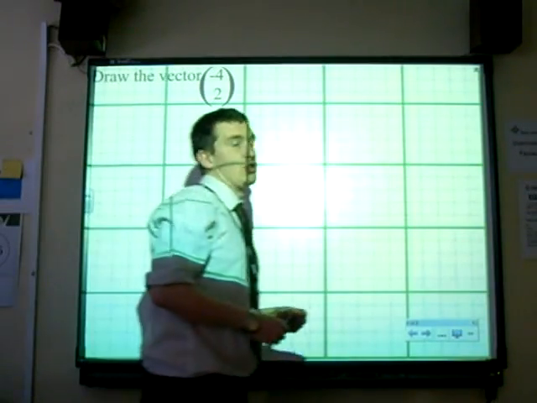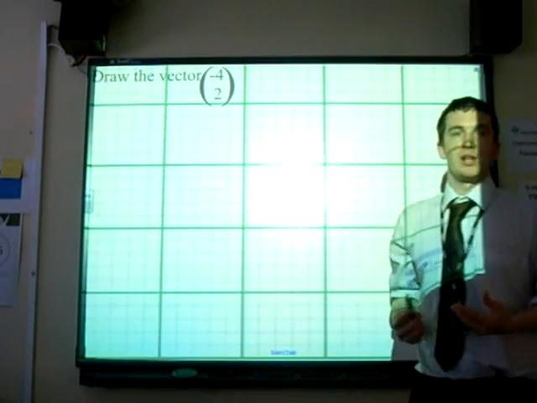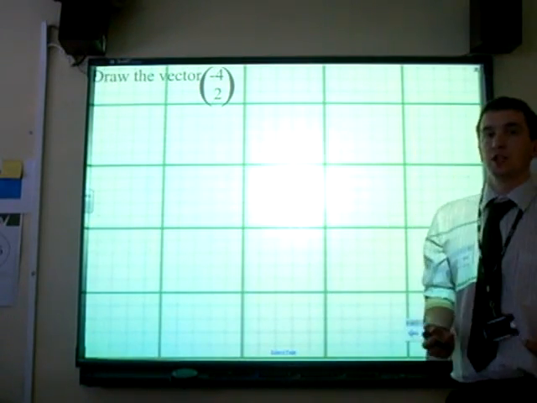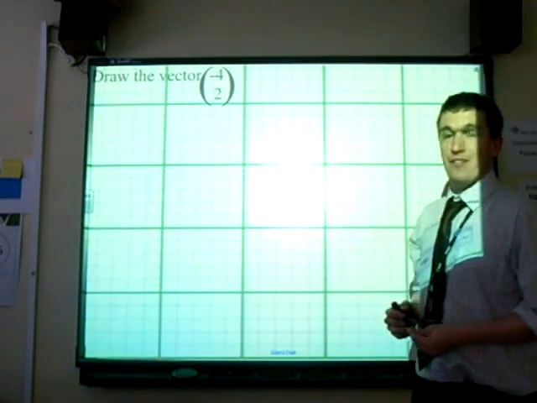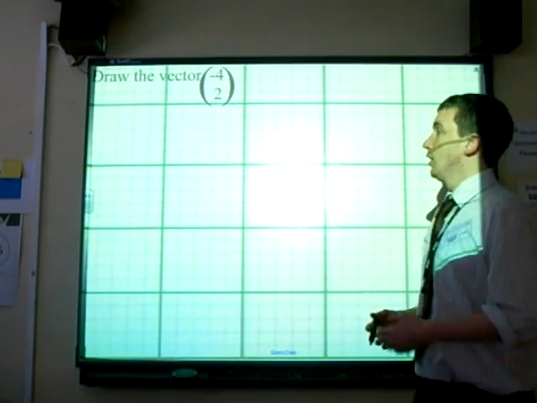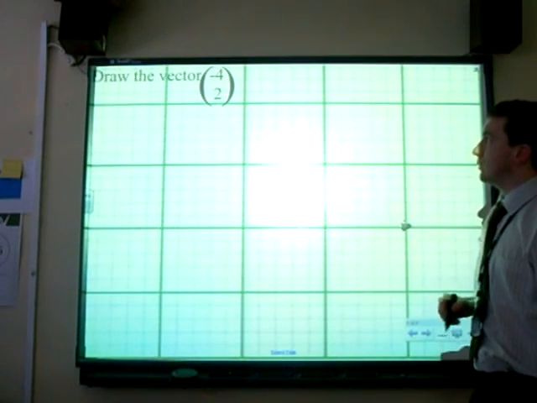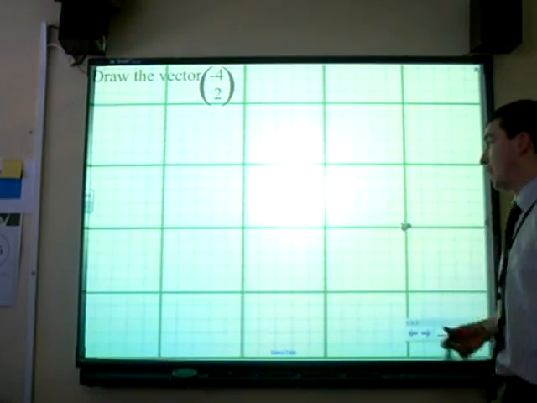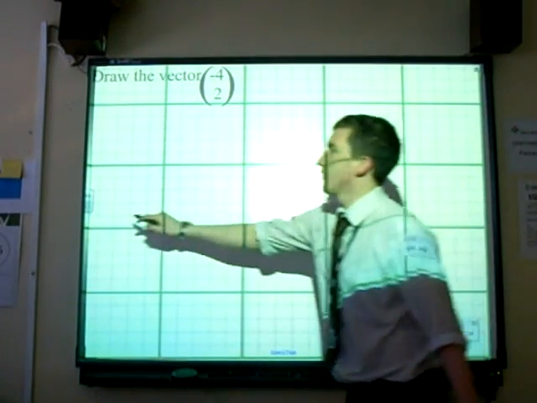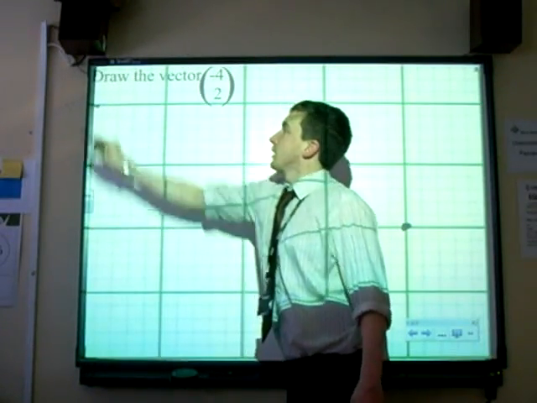We've got another question. It says draw the vector -4, 2. Now there's no start point, it's not given to us, so we can just pick a start point. But from the first slide, where going left would be a negative top number, we need to know we're going to have some space on the left. So I'm going to pick my spot just there, and it says -4, which means we go left 1, 2, 3, 4 right to the end of the board, and 2 up to there.